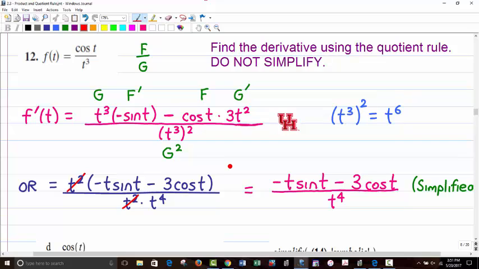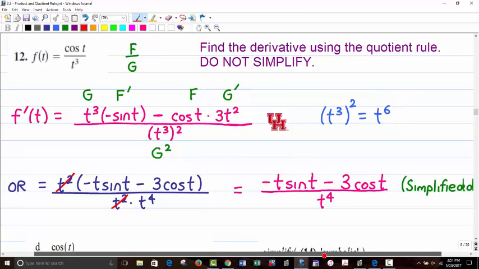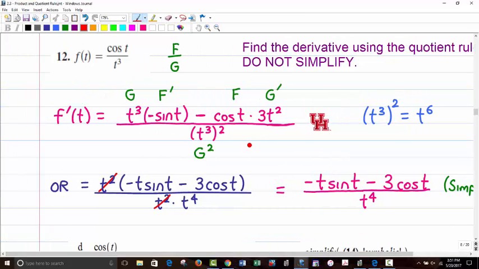If we wanted to get fancy, I mentioned that we won't ever have to square out binomials or anything in the denominator, but we might have to do this, where that's not too bad. You don't have to FOIL out a bunch of stuff. Call that t to the sixth. So technically, that could simplify a little bit. The answer in pink up here is good, but you could factor out a t squared from the numerator.